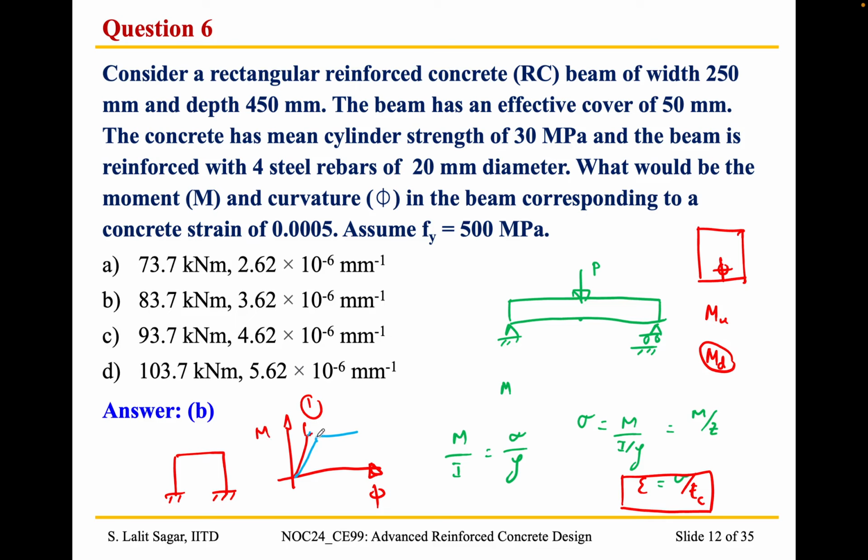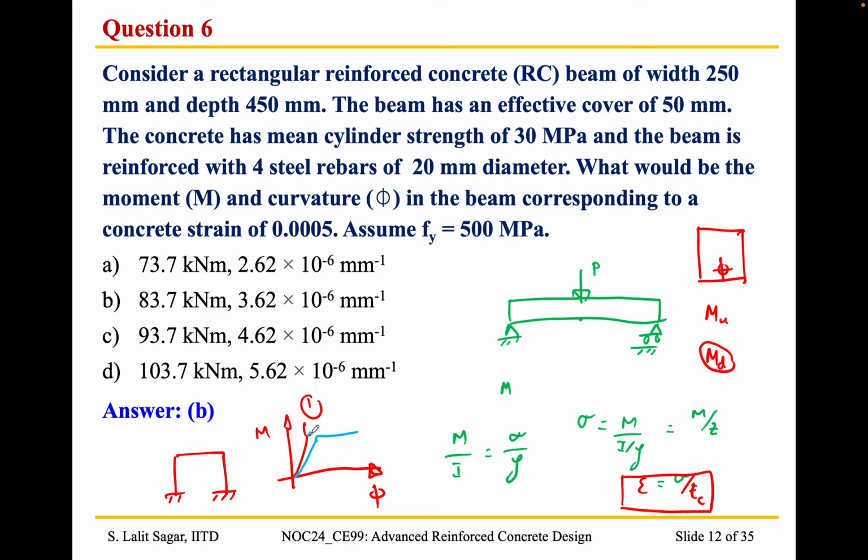As I was mentioning, the ductility is given by the ratio of the peak deformation, in this case curvature, to the yield curvature. Whenever we are designing a structure, we need to design it to be adequately ductile.